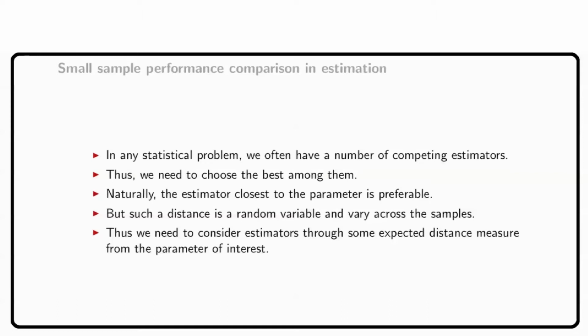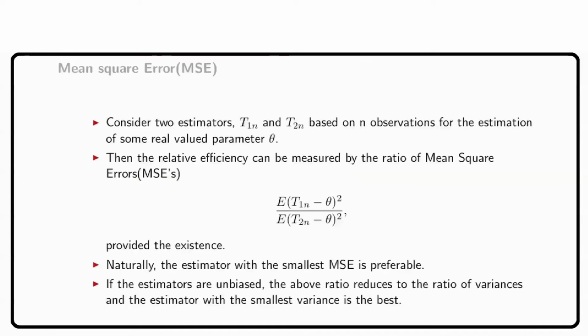First we go to the small sample comparison. In statistical point estimation, we compare two estimators through some expected distance measure from the parameter of interest. For example, suppose we have two estimators, one is T1n and the other is T2n, and both are based on n observations for the estimation of some real valued parameter theta.